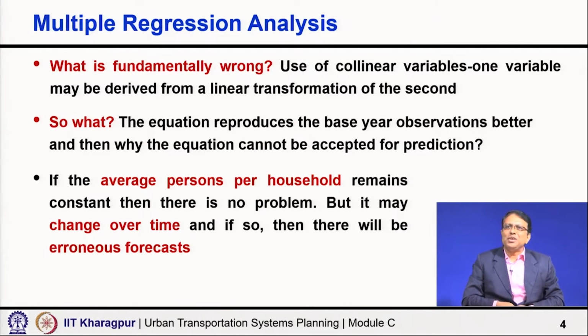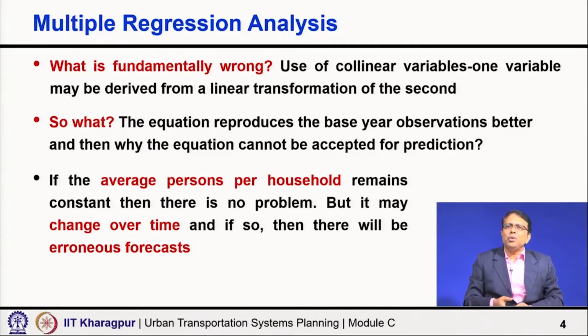So, if in future this average number of persons per household changes, then you have a problem. If it does not change, the model may still give you a reasonable result, but in all possibilities, there are so many dynamics in the whole system at different times.